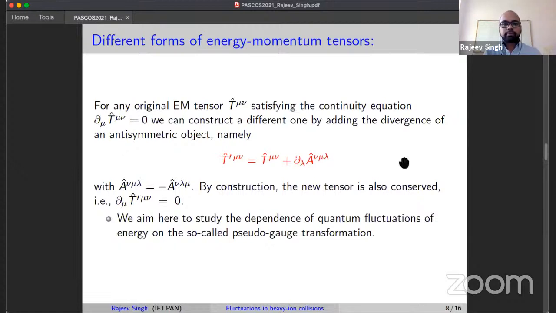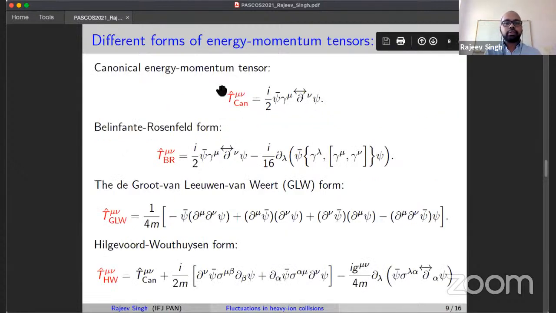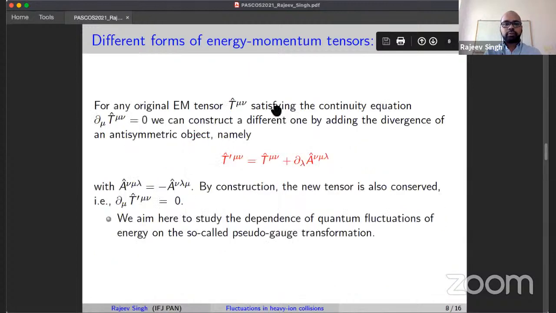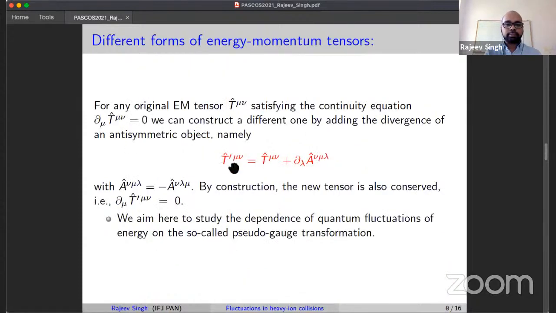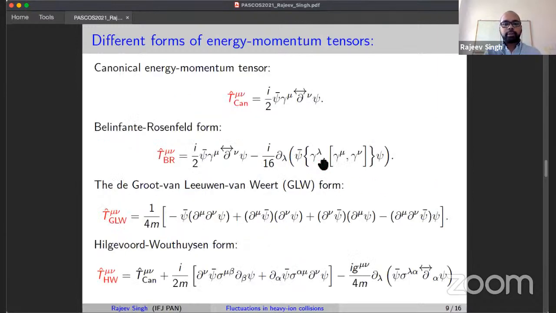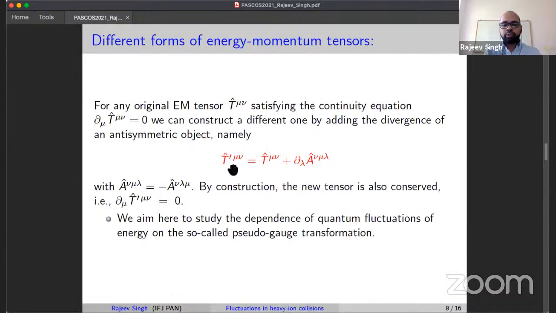This is the canonical energy momentum tensor which I was talking about, from the Dirac Lagrangian, which is antisymmetric in mu nu, and these are the three other forms of T mu nu, obtained by adding the pseudo-gauge transformation. I am not commenting now on the form of the pseudo-gauge transformation, but you can have a look at the paper I mentioned before.